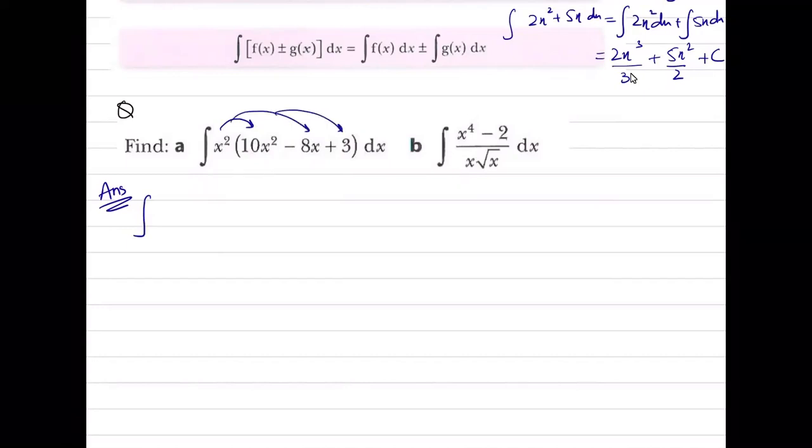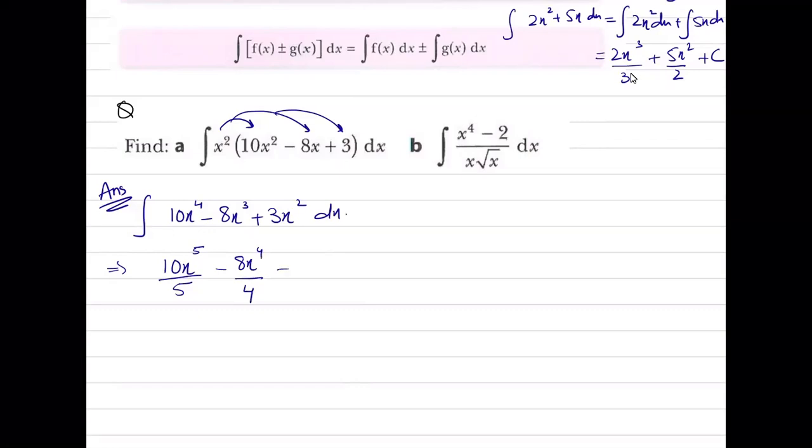So x squared being multiplied by 10x squared is going to be 10x to the power of 4. x squared times minus 8x is going to be minus 8x cubed, plus 3 times x squared is going to be 3x squared. And then you integrate it individually. So integration of 10x to the power of 4 is going to be 10x to the power of 5 upon 5, minus 8x to the power of 4 upon 4, plus 3x cubed upon 3, plus a constant of integration.